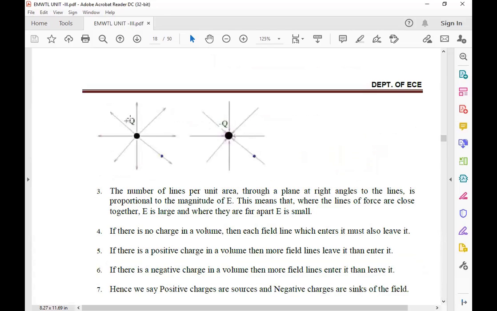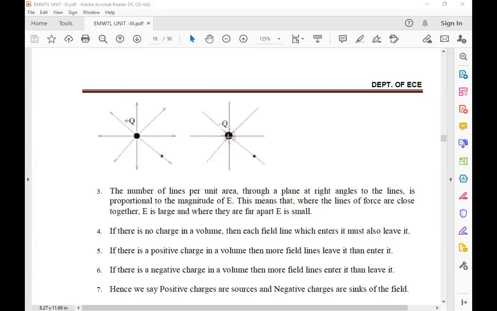You see here, there is a positive charge. From this positive charge, the electric lines of force terminate towards a negative charge if there is one, or otherwise terminate at infinity. And if there is any negative charge, the lines come radially from infinity.